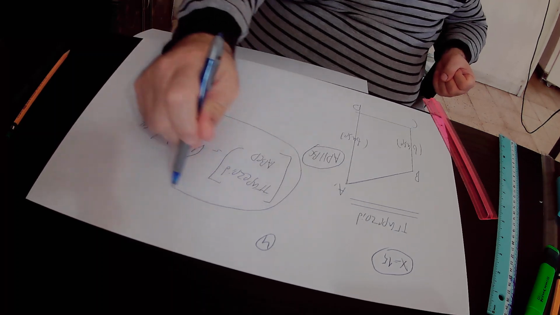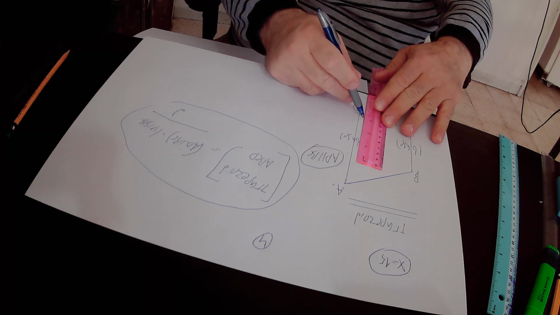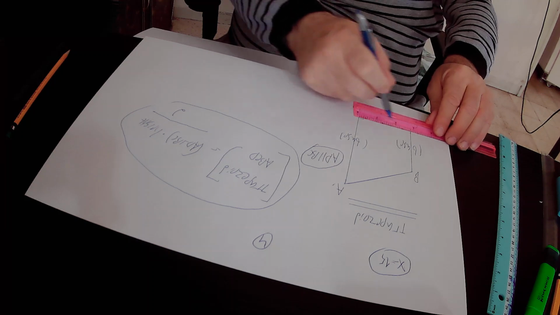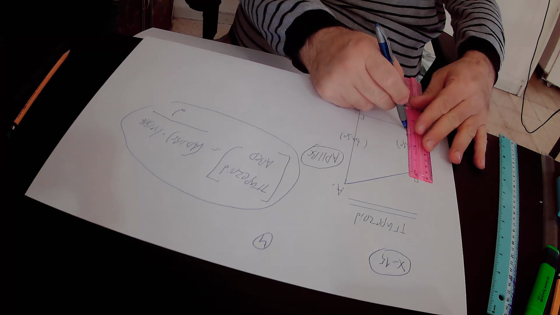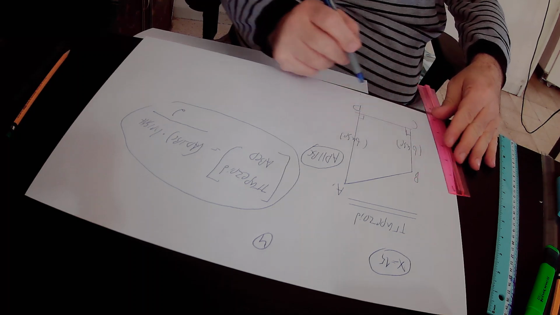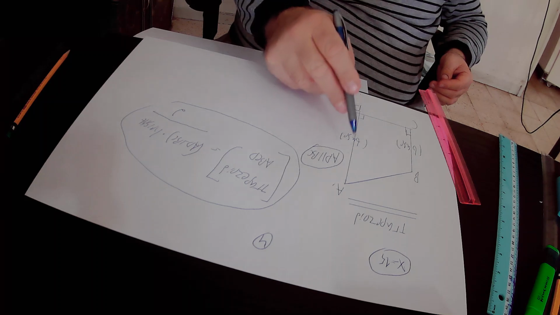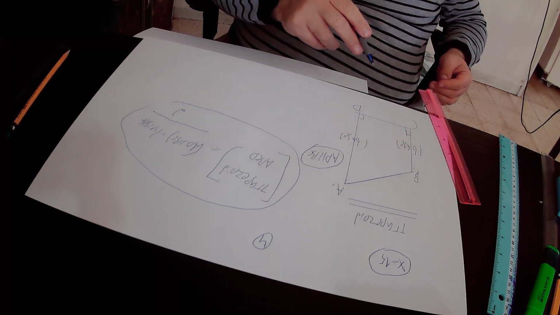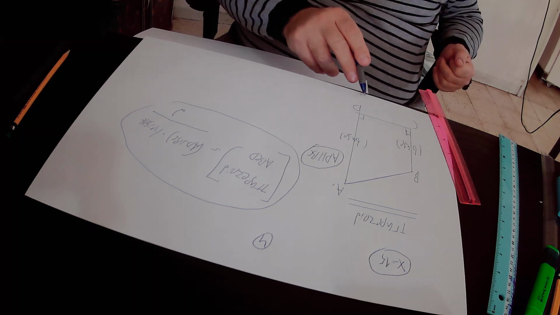So if this angle is a right angle, and this angle is also a right angle, the height is DC, because DC creates 90 degrees with AD and the second base BC.